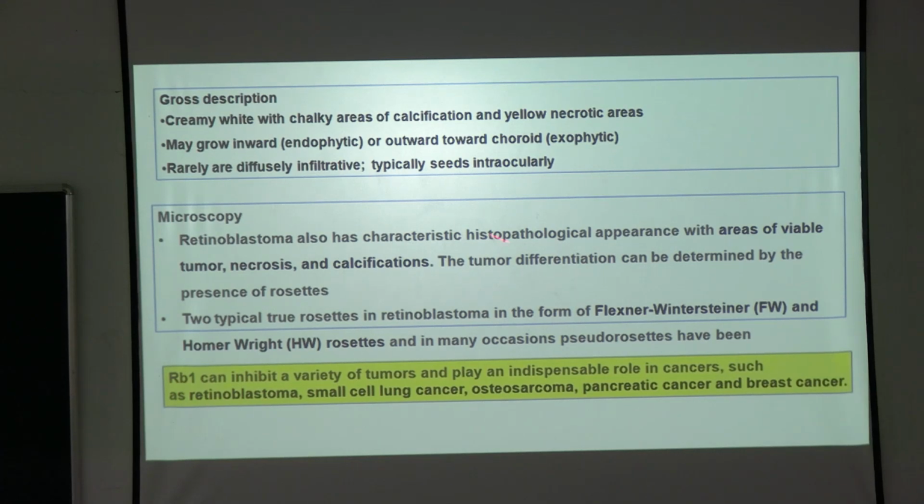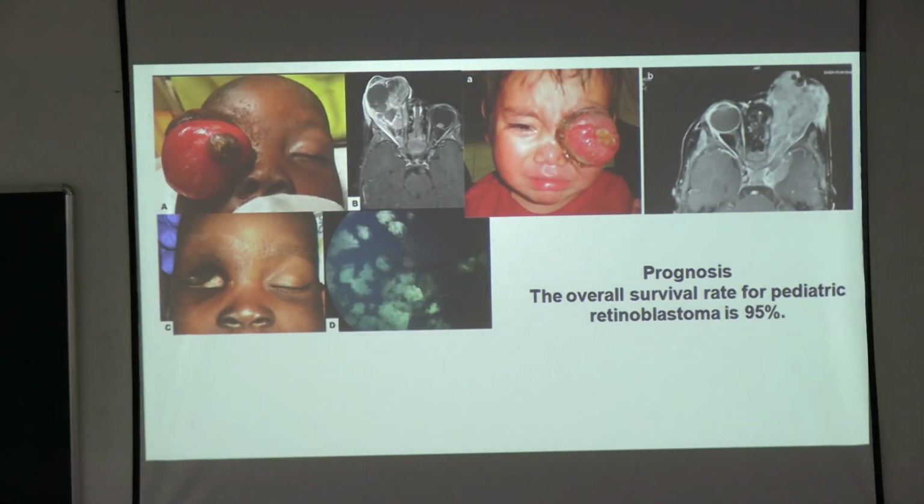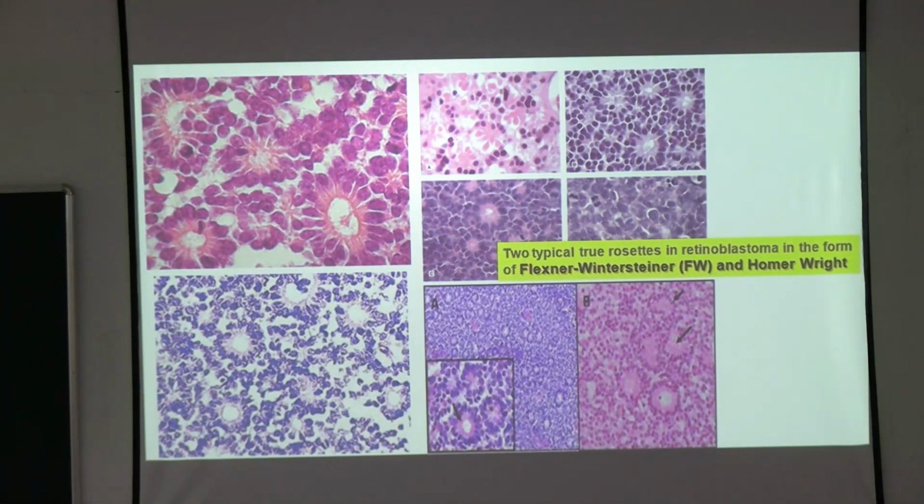The cells are small blue round cell tumor. They are arranged in a rosette pattern. The patient is like this one, see this thing. So, the cells are small blue round cells arranged around an empty space. They are arranged around eosinophilic material.